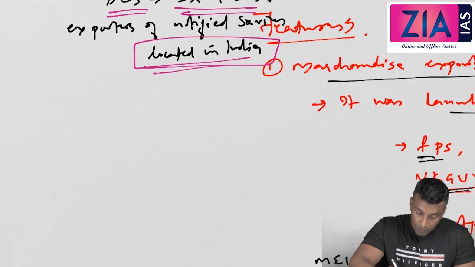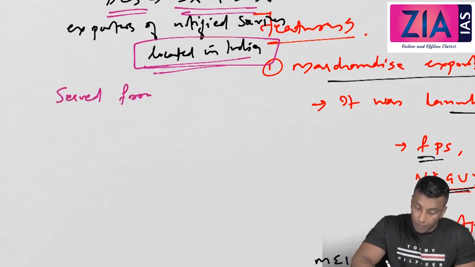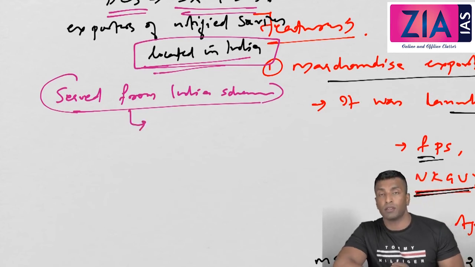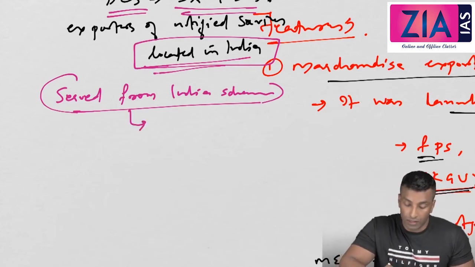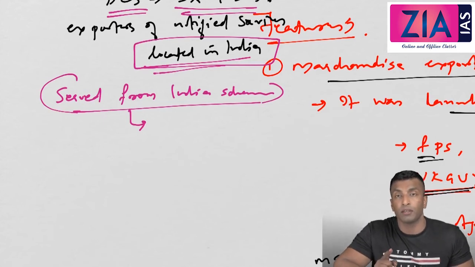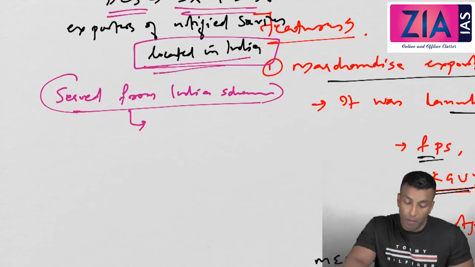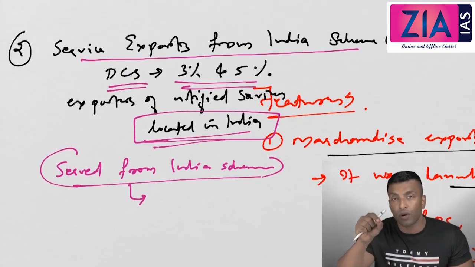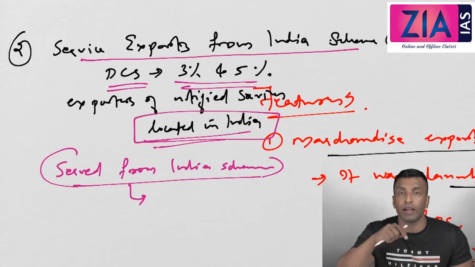Now here it actually replaced the Served from India Scheme. Under the Served from India Scheme, only Indian service providers were given this DCS. But under the Service Exports from India Scheme, even a foreign company located in India, if they are exporting, also gets the DCS.